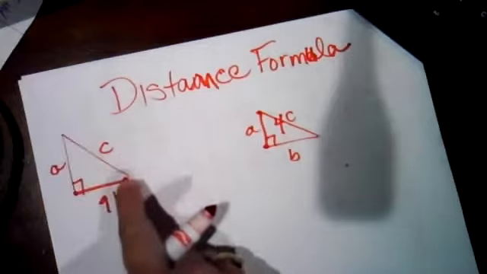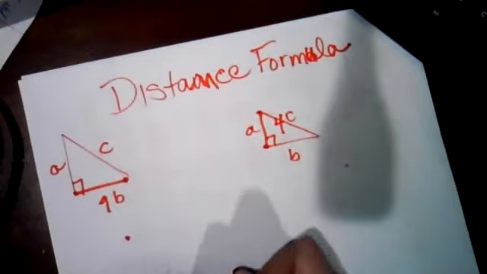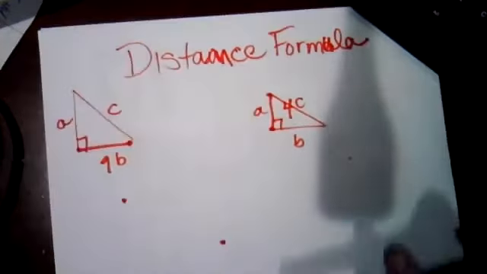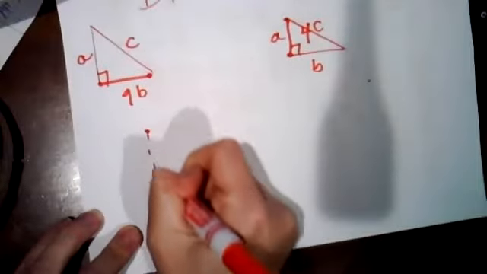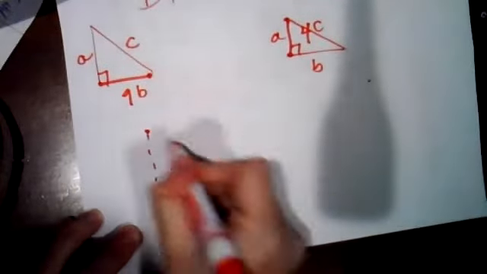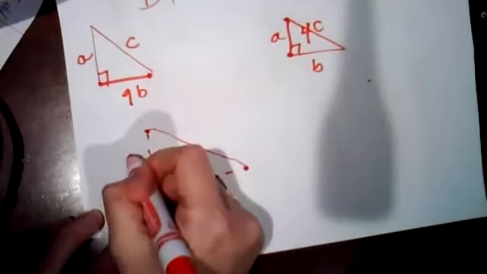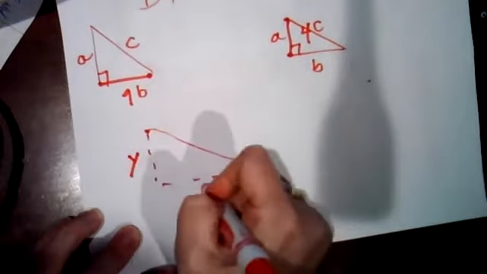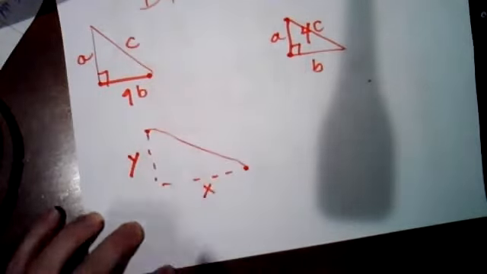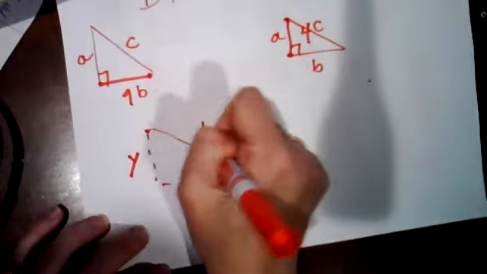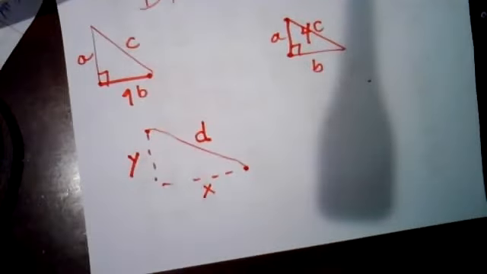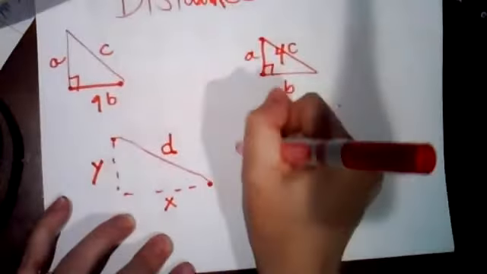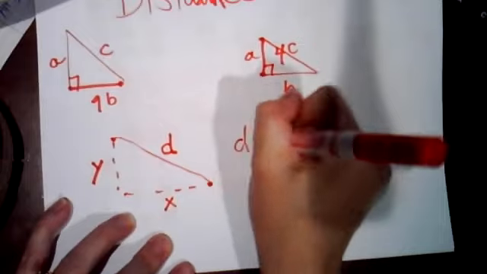Usually your distance is from one point like here to another point here. Okay, so then your formula would be this. This is your change in y and your change in x, and this is your distance.